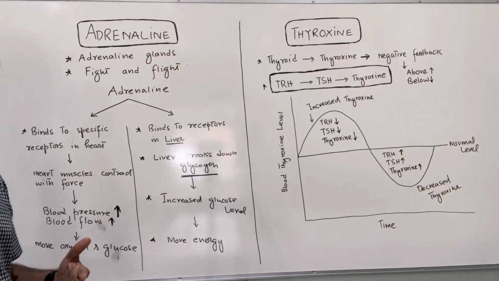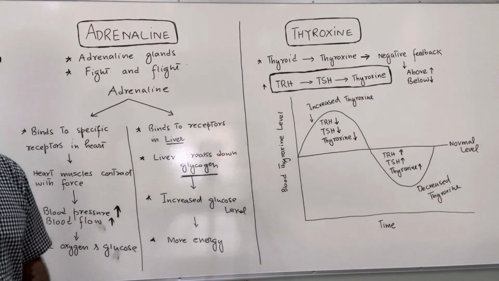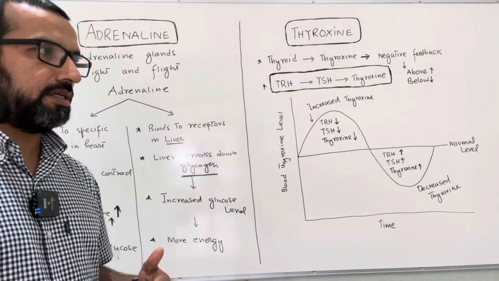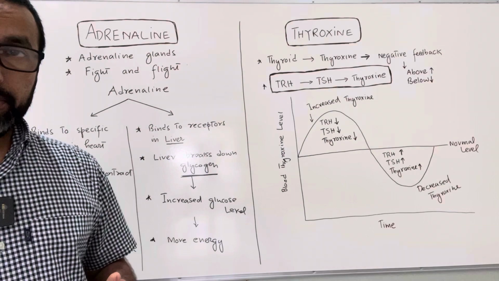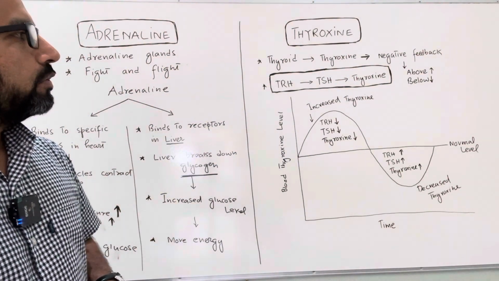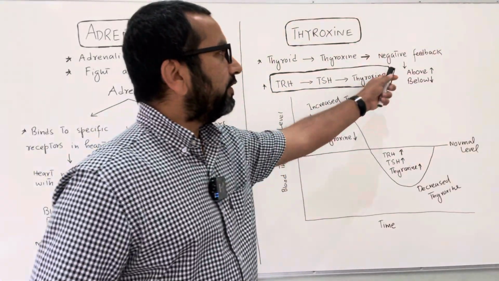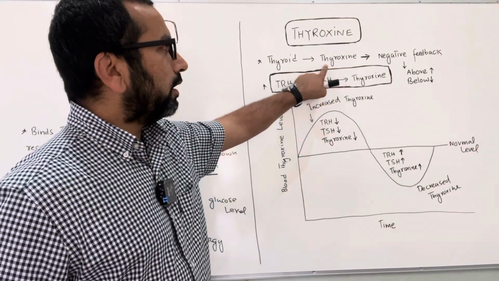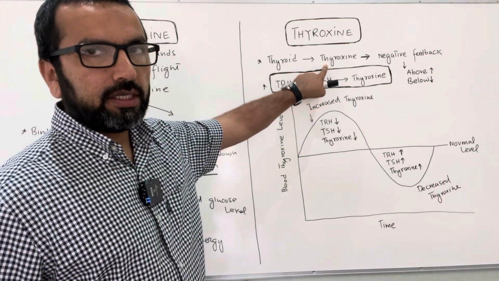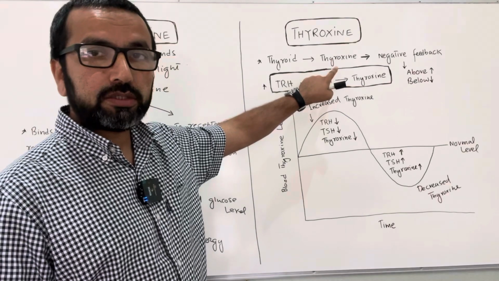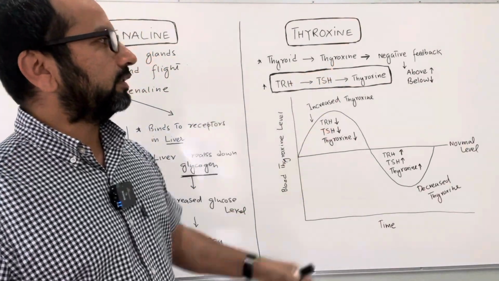Rate of metabolism means how fast the biochemical reactions happen in our body. There is also a negative feedback which controls the amount of thyroxine, whether our thyroid gland is going to produce more thyroxine or less thyroxine.